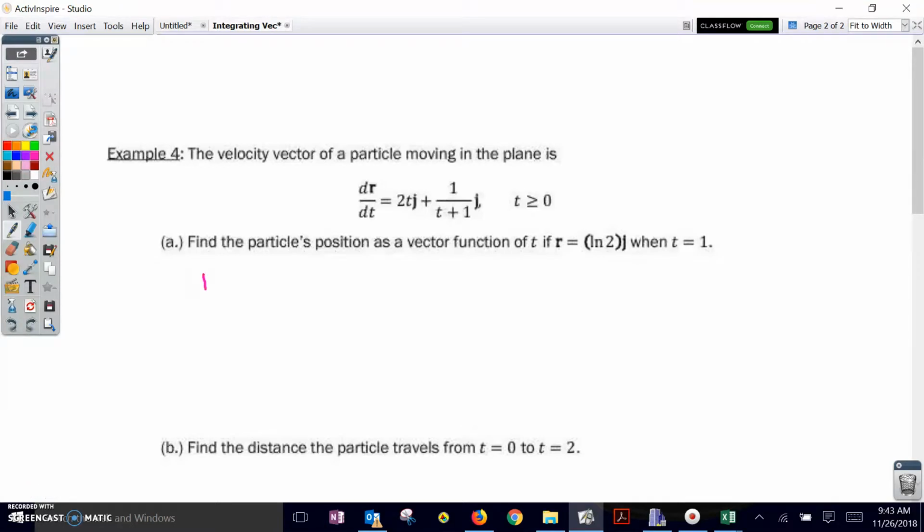We will take the integral of the velocity function that we have, and so I'm just going to integrate component-wise.